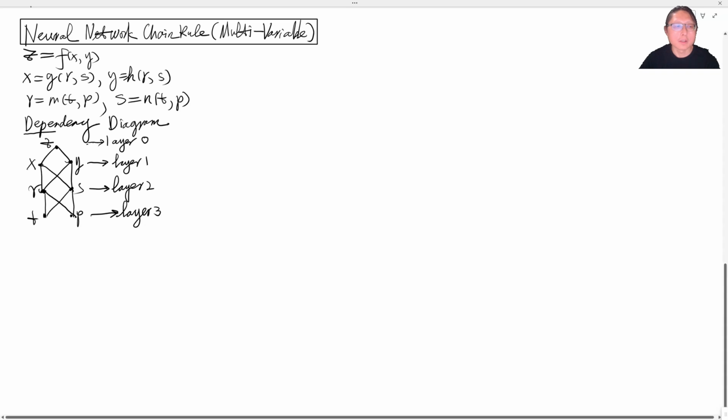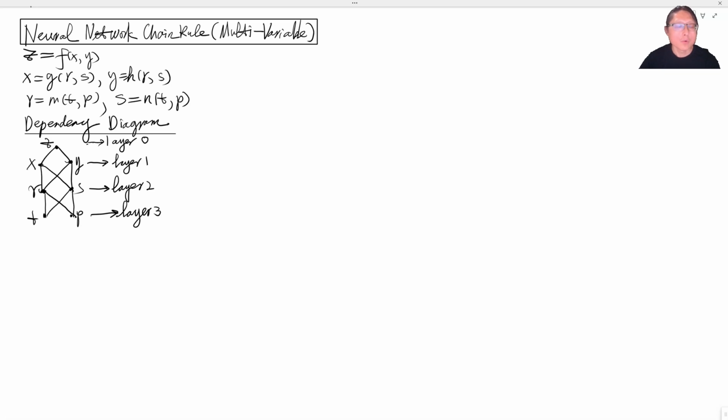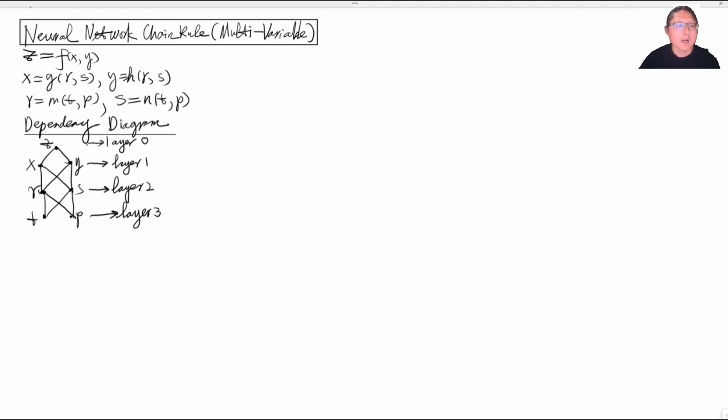Then there will be different layers in this dependency diagram. In this discussion, we simply call z layer 0, x and y layer 1, r and s layer 2, and t and p layer 3.